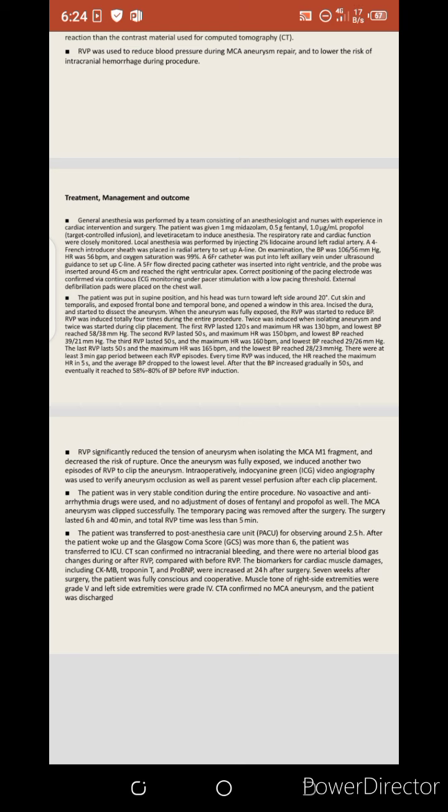Every time RVP was introduced, the HR reached the maximum in 5 seconds, and the average BP dropped to the lowest level; after that the BP increased gradually over 50 seconds, and eventually reached 58% to 80% of the BP before RVP induction.